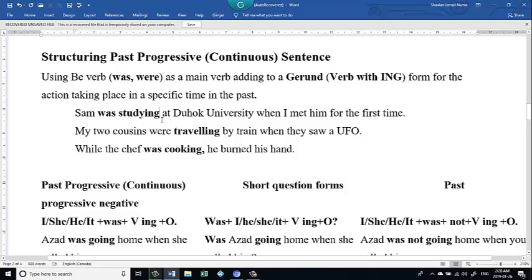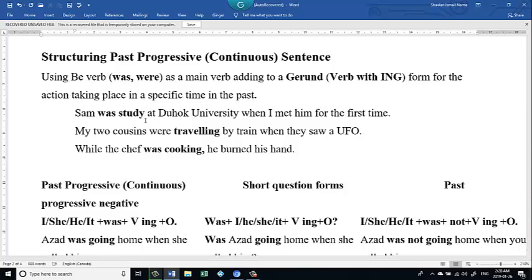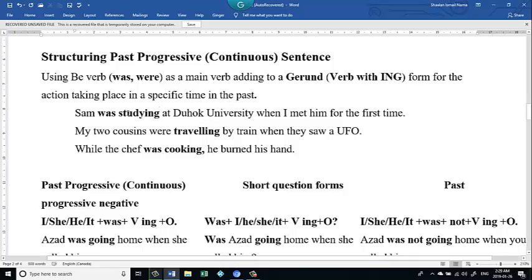If I have it like this, first, I cannot have it because Sam was not a study. The second thing, I cannot have two main verbs in one sentence. Then I have to change one of these. I could delete this and make this one past, or I could change this one from main verb to gerund, the ing form, that is, studying. Now I have an action in the past continuous.